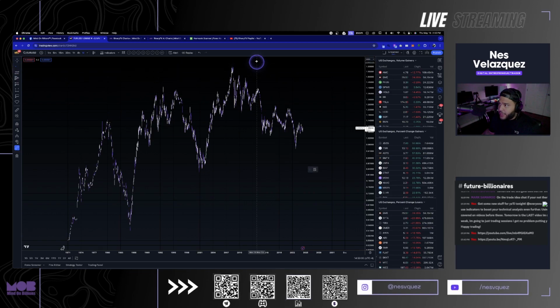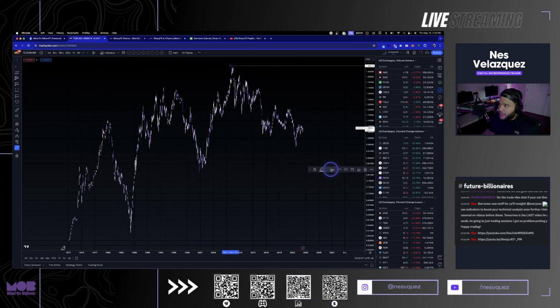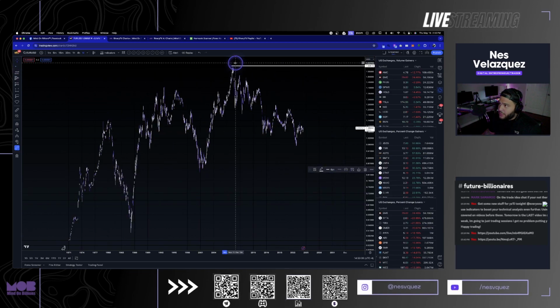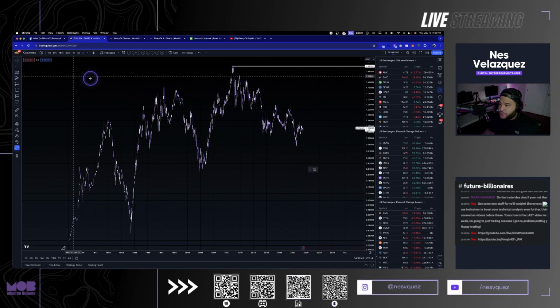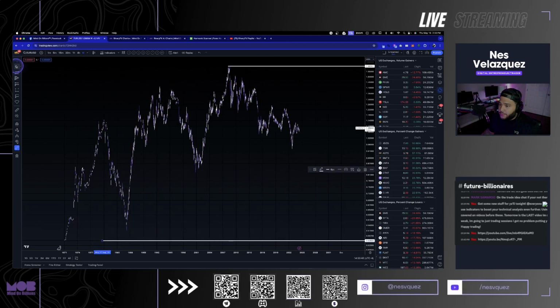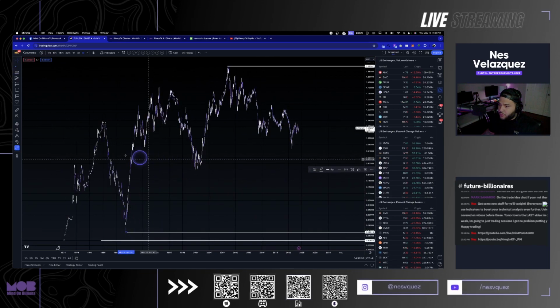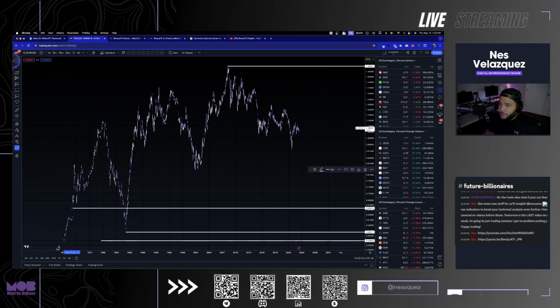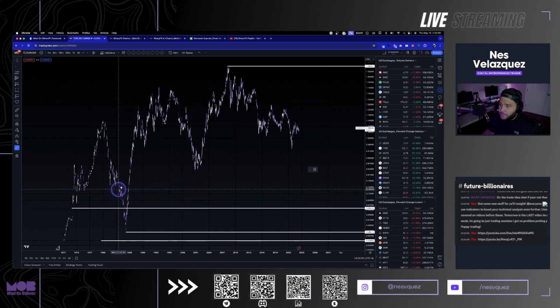You guys know I like to mark up my tops and my bottoms. Tops are resistances, bottoms are support. You could also refer to them as floors and ceilings. I could start from the bottom up or from the top down.